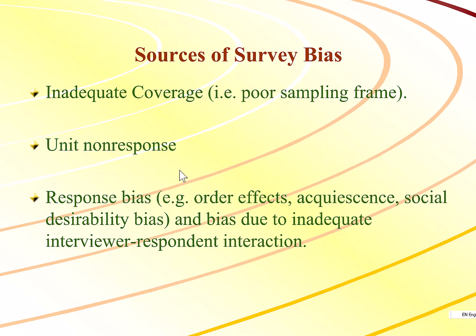So this could be individuals in rural areas. It could be younger individuals. It could be due to a poor sampling frame. For example, if you have a sampling frame of emails, maybe older individuals are not represented, or they tend not to check those emails, or the emails are incorrect.